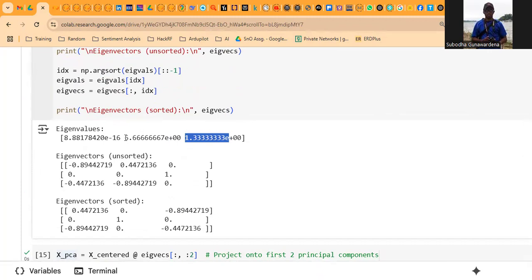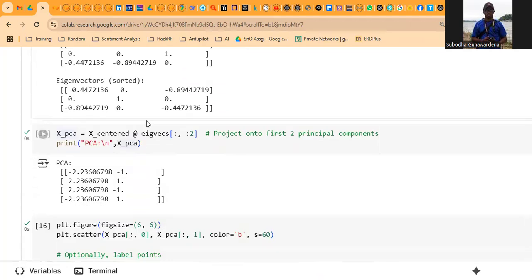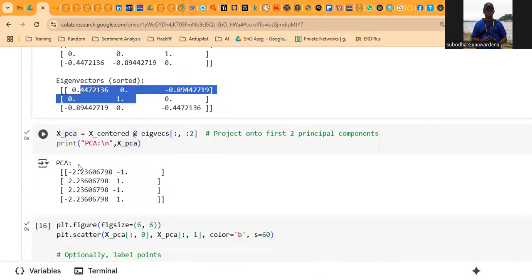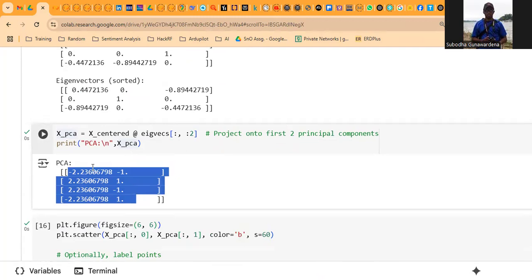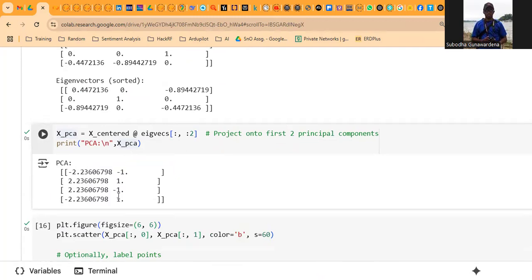1.3 plus 6.6 divided by the sum of 1.3 and 6.6 and 0.88 times 10 to the power minus 16. So that is pretty much 100%. Almost all the variance is captured by these two axes, and this will be my new coordinate. So here I have only two features, right?